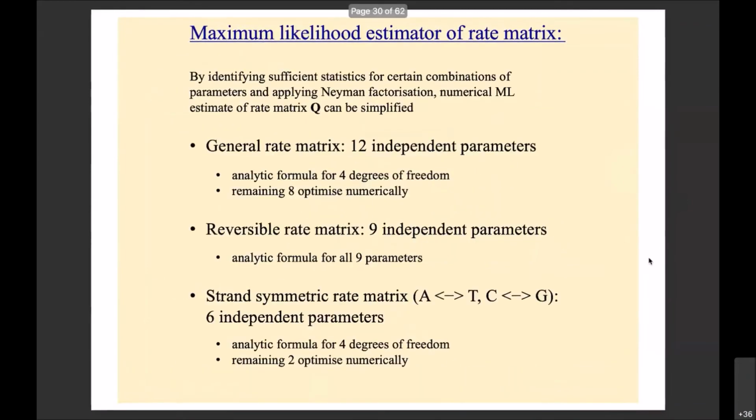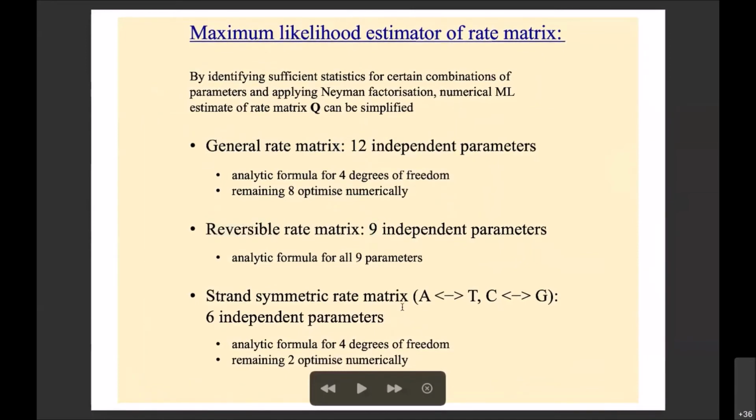Okay. So you can do this at various levels of complication in this calculation. You can just let the rate matrix be as totally general as possible, in which case it's a 4x4 matrix, but 12 of the elements are independent, because the diagonal of the matrix is determined by the off-diagonal elements. You can say it's a reversible rate matrix, in which case only 9 parameters have to be estimated.